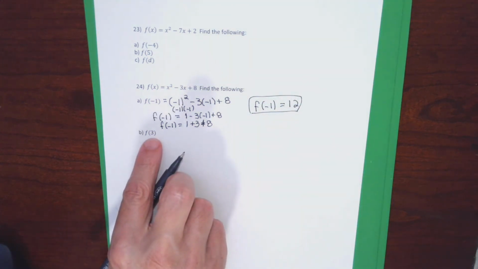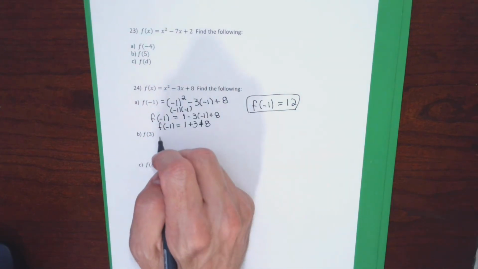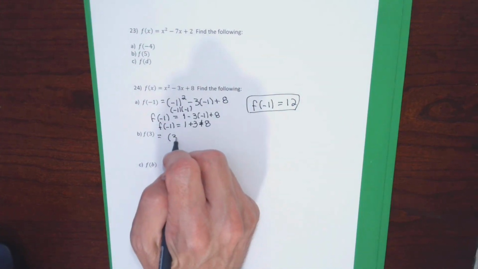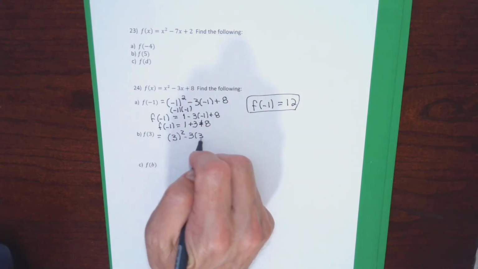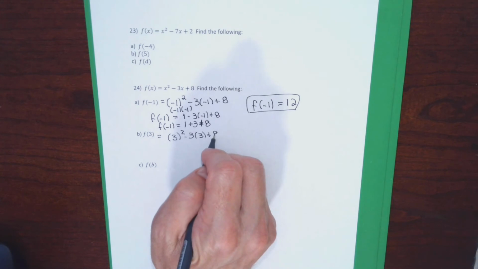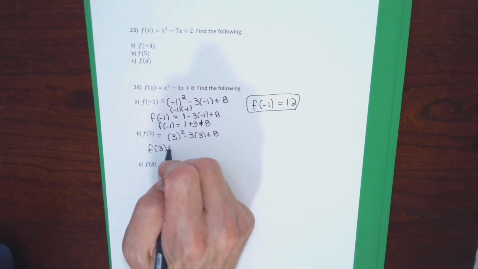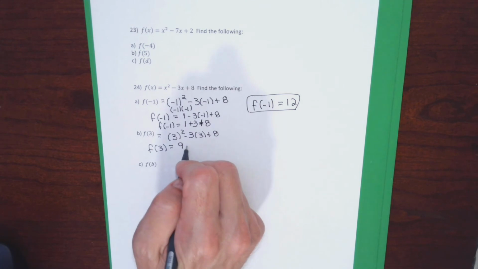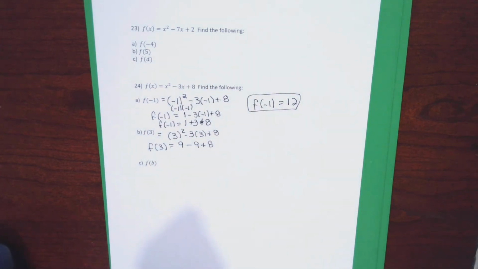Part B just wants me to evaluate when x is equal to 3. So f of 3 is going to be 3 squared minus 3 times 3 plus 8. You can use your calculators to evaluate if you're not comfortable doing the algebra in your head. And I'm going to cheat and violate order of operations. I did two operations on the same step.